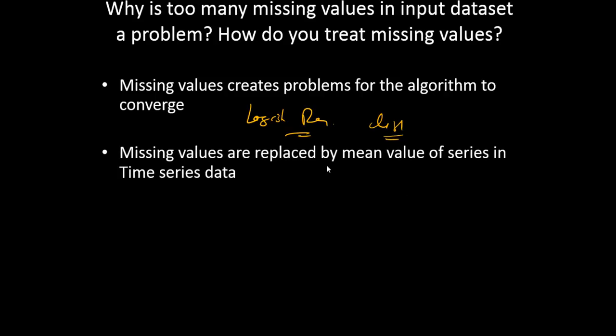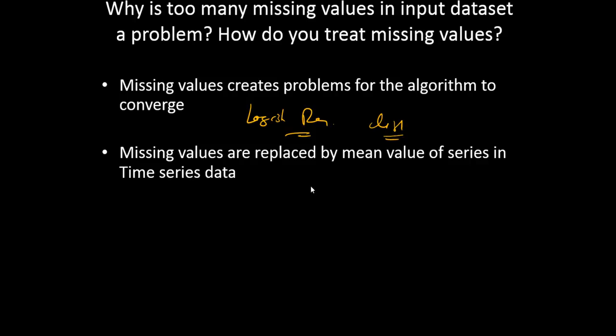So missing values are replaced by mean values of the series in time series data. Replacing missing values in time series data is a lot easier than in other forms of data like cross-section data. In time series data, if one of your variables is missing, you just take the previous value, because in univariate time series data you'll always find the data for a particular event or a particular entity.